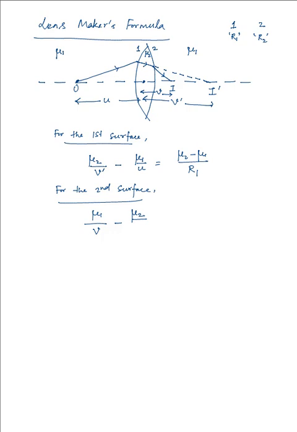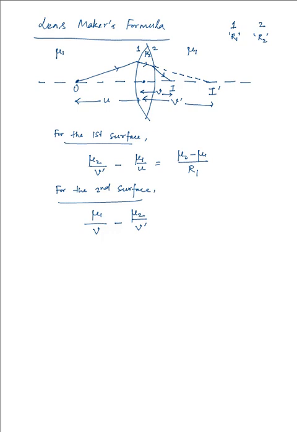So you have mu2 over the virtual object distance, because had that light ray from the first surface not been bent to the point I1, then the second surface wouldn't have bent the light ray to the point I. Now, if this light ray would have bent to some other point on the principal axis, then the second surface would have bent the light ray at some other point.